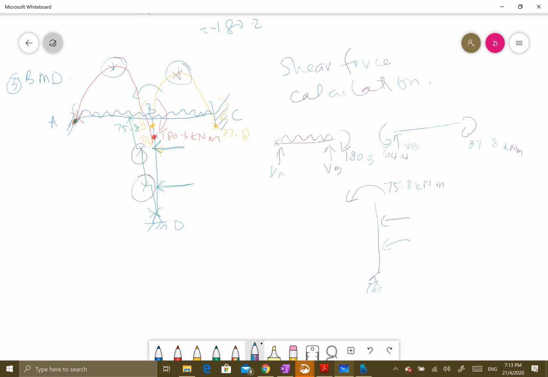So this is VB, one is left, one is right, and this is VC, and here you can find your H, HB, with actually the same method. So you find your shear forces and then you can finish your bending moment diagram for the ultimate hogging and sagging, and you can also draw your shear force diagram.